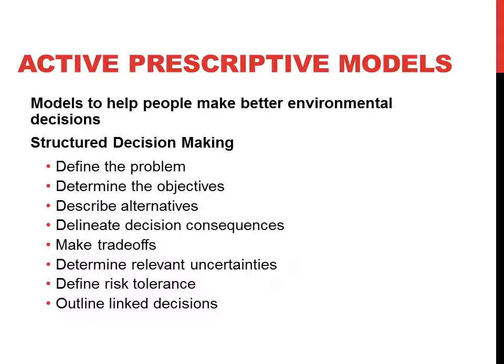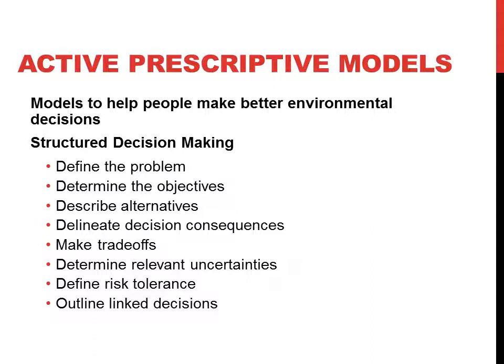In this approach, we first define the problem. We determine our objectives. What do we want to achieve by making the decision? We generate a list of alternatives. We then also understand what the consequences of the decision will be. Then we make trade-offs among those alternatives.